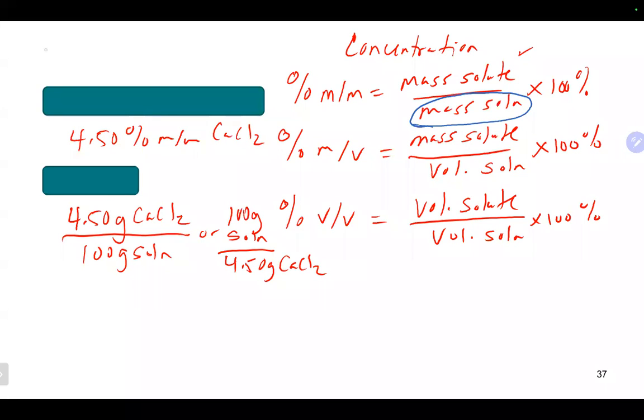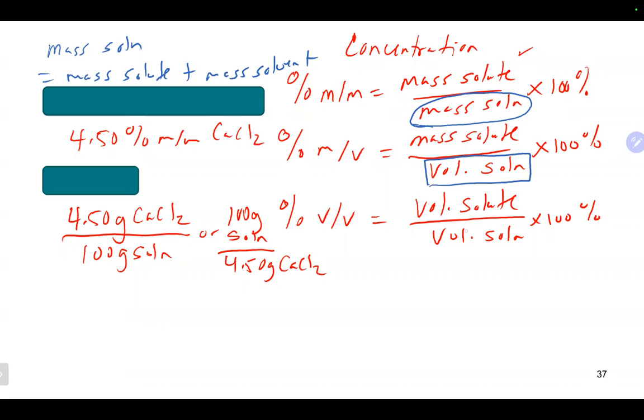So a reminder that the mass of the solution is the mass of the solute plus the mass of the solvent. The other ones, you don't have to worry too much about because usually they just give you the volume of the solution. So it's really just that one with the grams you have to be careful of. And like I said, it's very commonly split up.